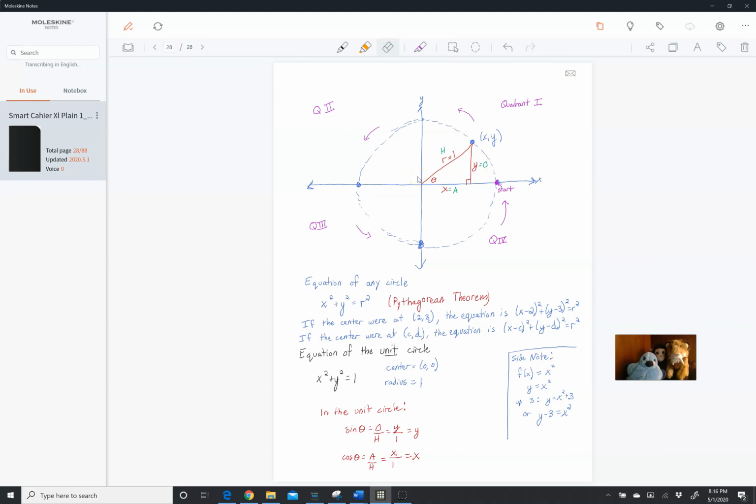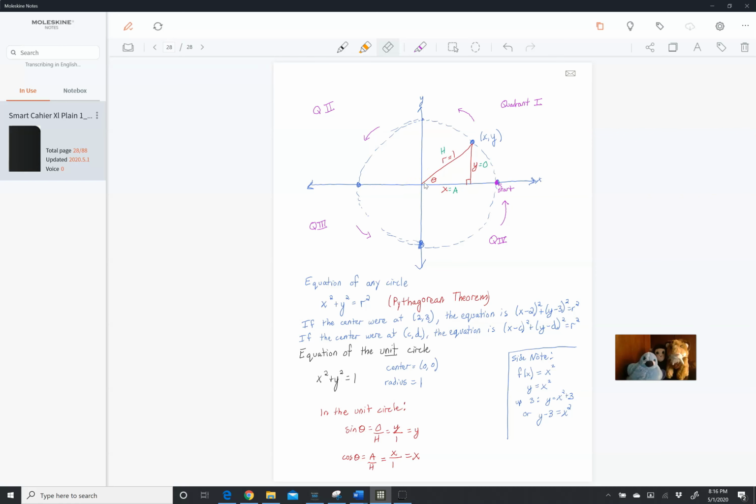Now, when we create an angle, every angle is made up of two sides. This side of the angle is called the initial side, and this side is called the terminal side. We're going to get into that a lot more later, because we're not going to be looking at specific angles.